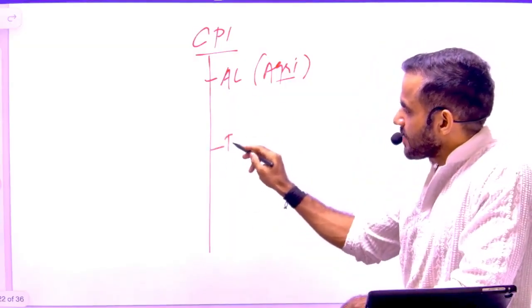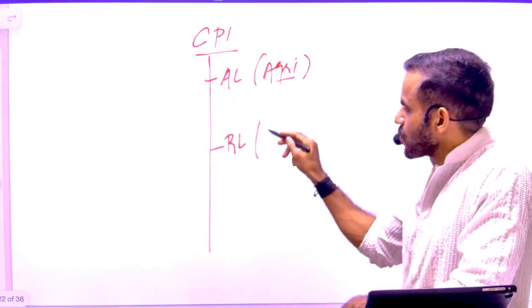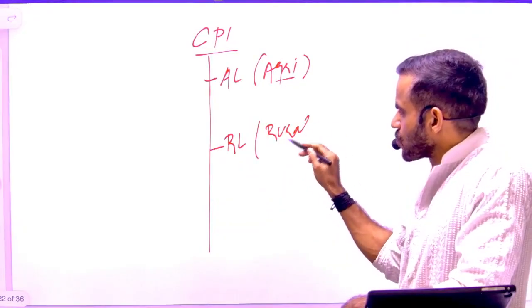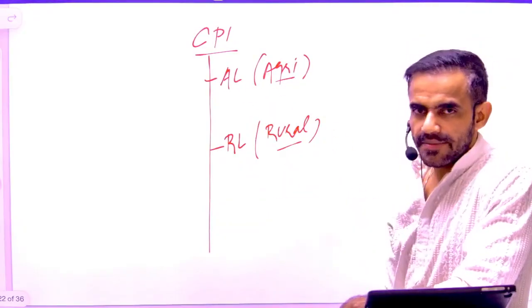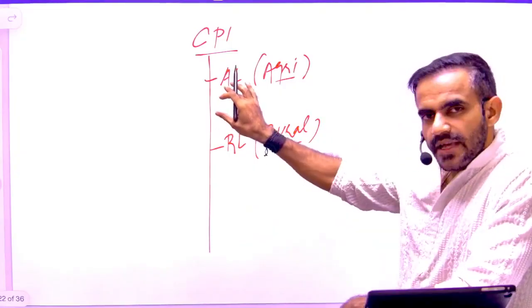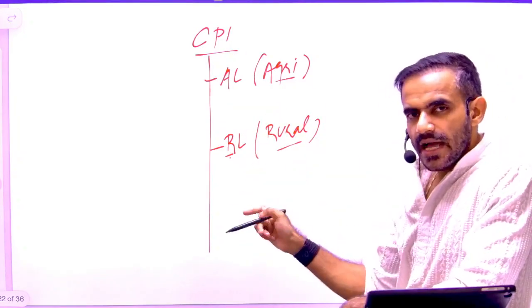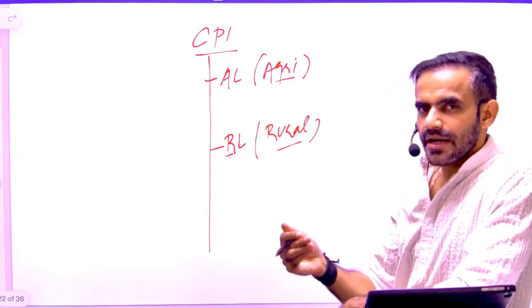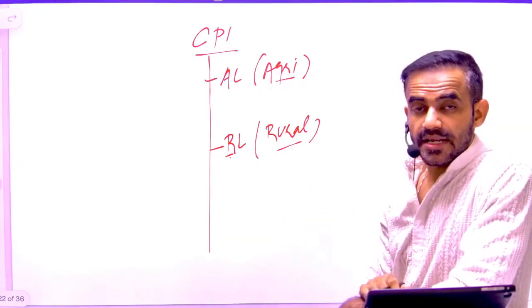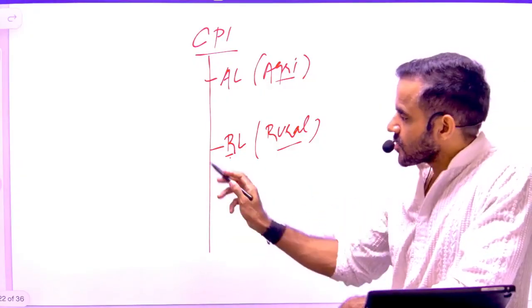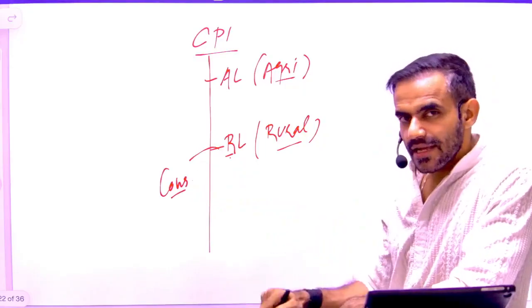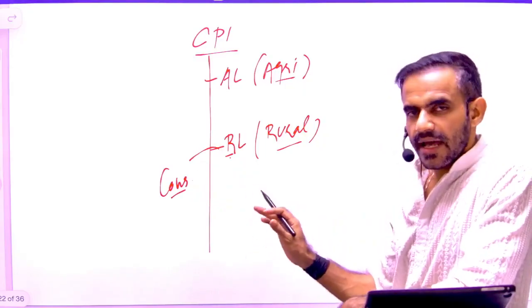CPI-AL is there, then CPI-RL is there. RL is for rural labor. Now what is the difference between rural labor and agriculture labor? Agriculture labor is a person who is engaged in agricultural activity. Rural labor is someone who is living in a rural area, but the activities are related to some other sector. Let's say someone is involved in the construction sector. In that case, they are not agricultural labor, but still they are labor.